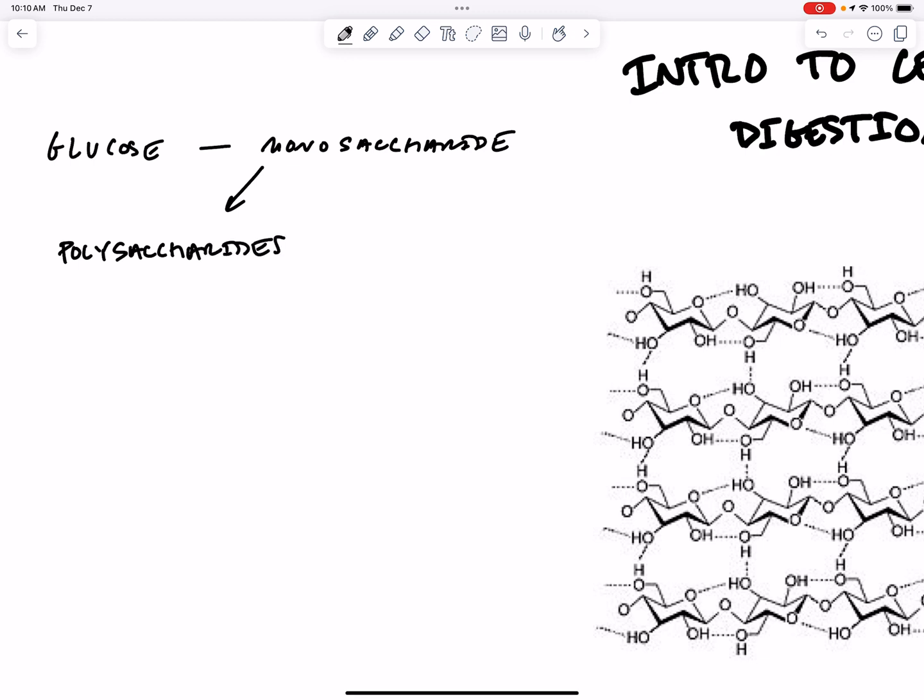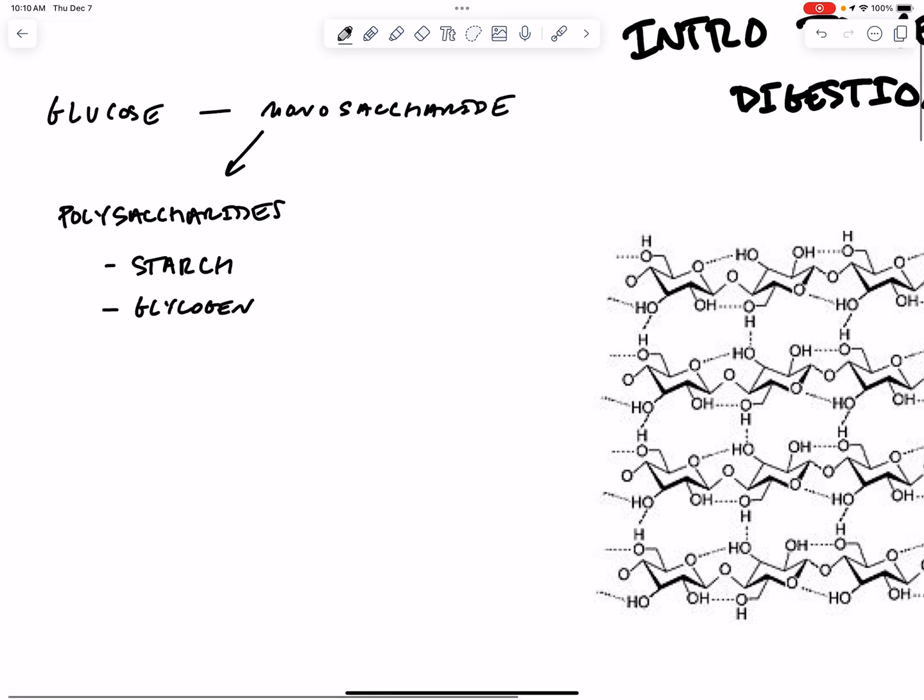And the examples that we talked about in your screencast were starch, which is how plants store glucose energy. And then we talked about glycogen. This is how animals store glucose energy.